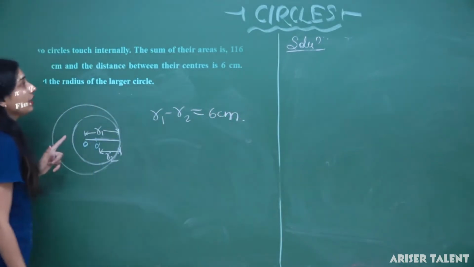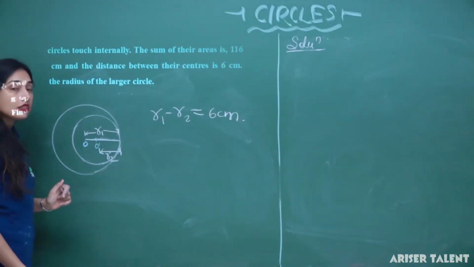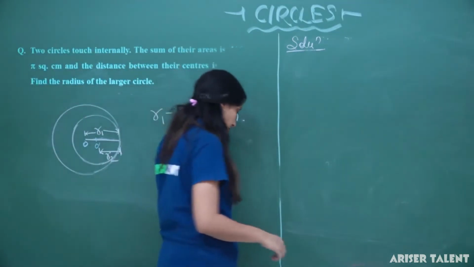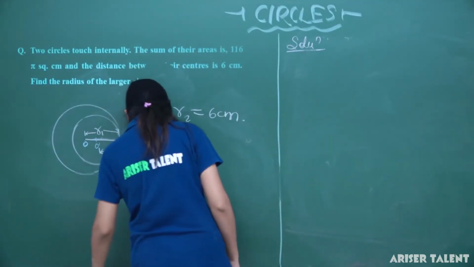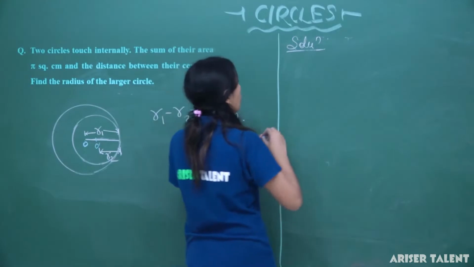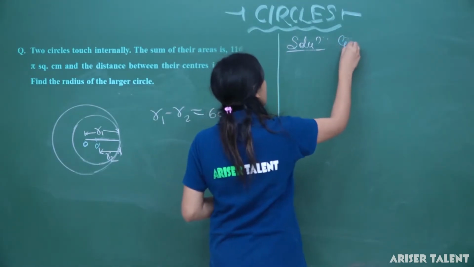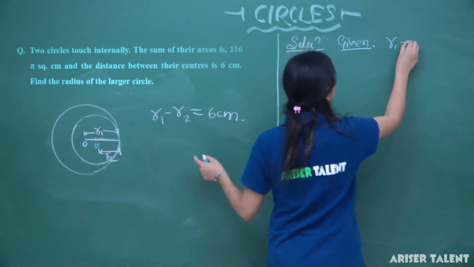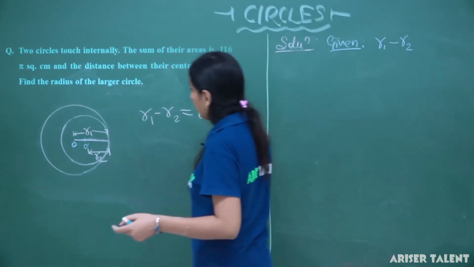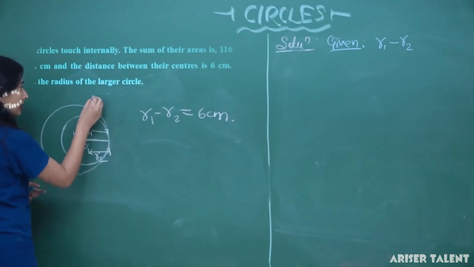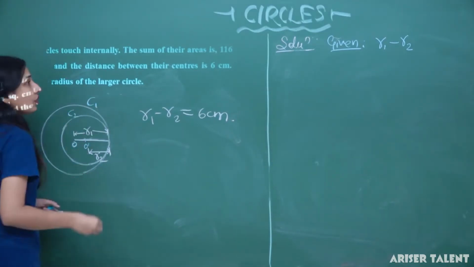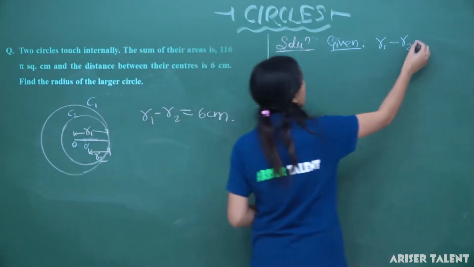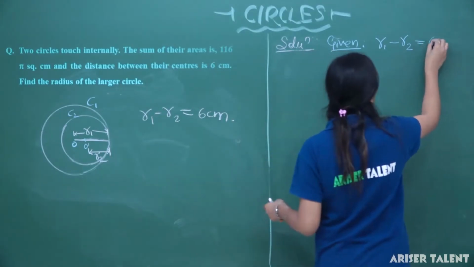Now the sum of their areas is also given. So how will I use the information? I am just coming to the solution part. Given R1 minus R2, where this is circle C1 and this is circle C2, R1 minus R2 is equal to 6 centimeters.